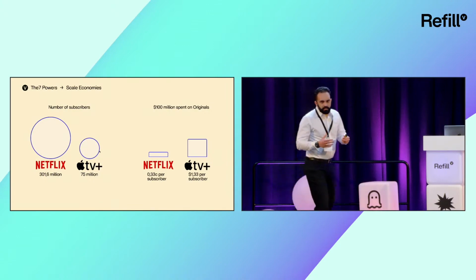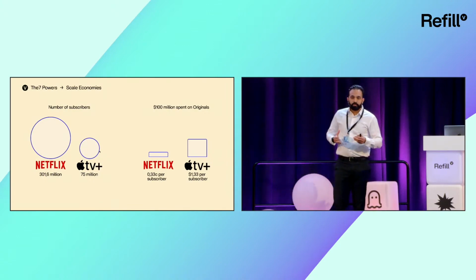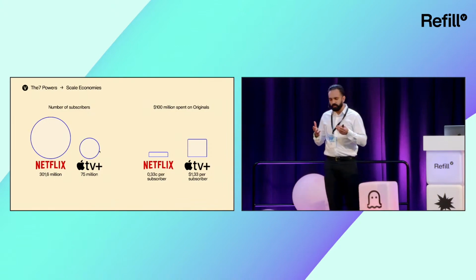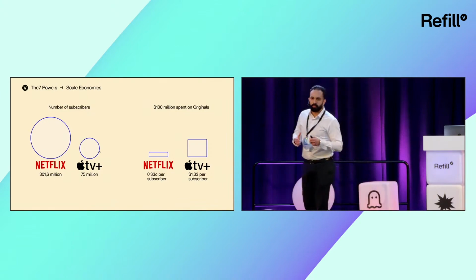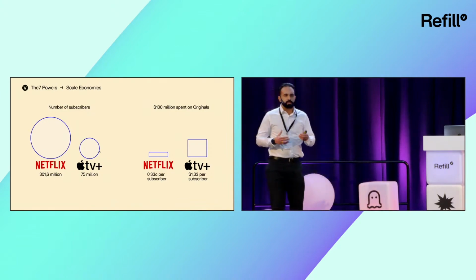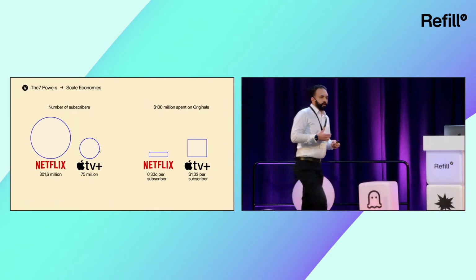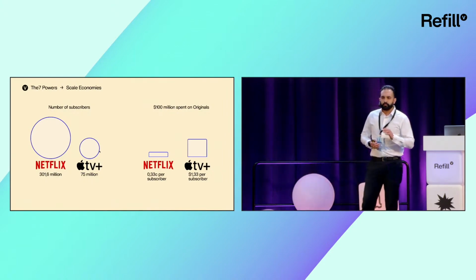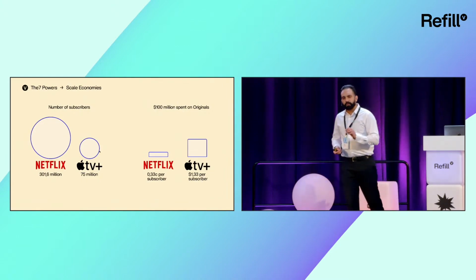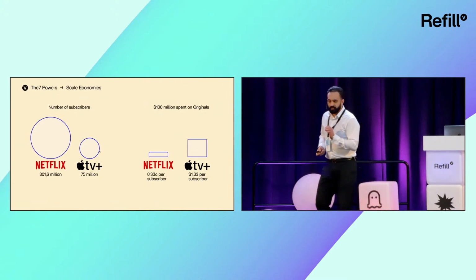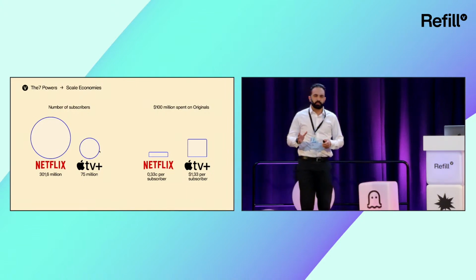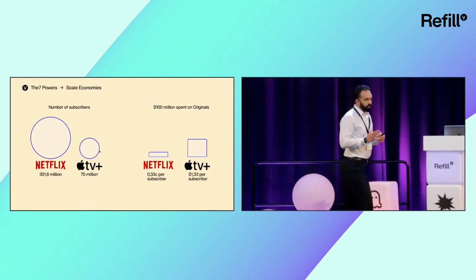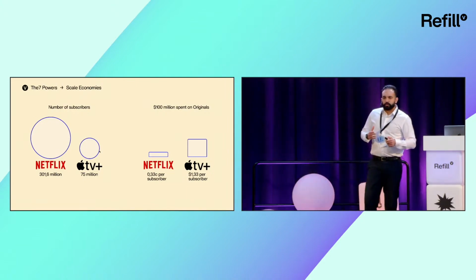Imagine if they both are going to make a $100 million original piece of content. On the left side, you can see that the cost per unit for Netflix is around 33 cents compared to Apple TV, who has $1.32, and that's a huge cost advantage.